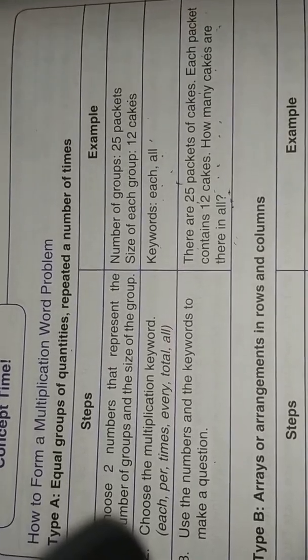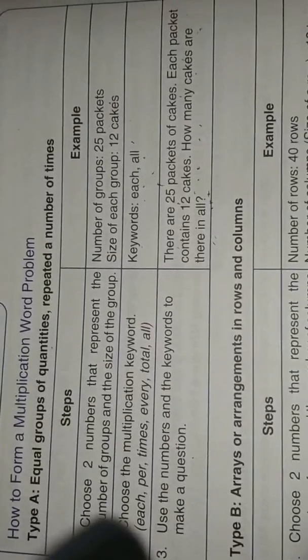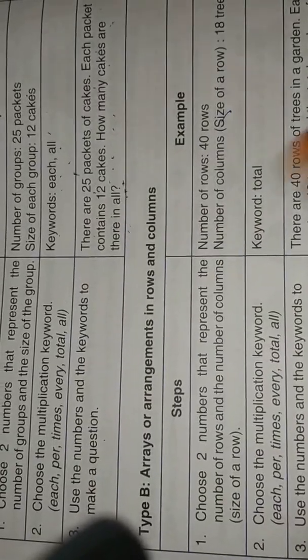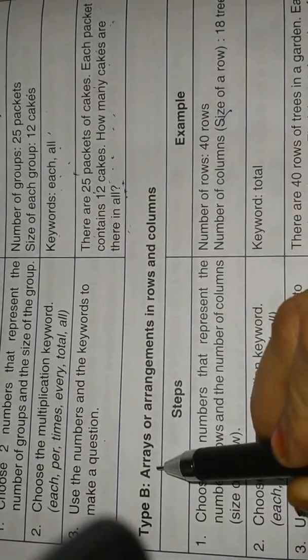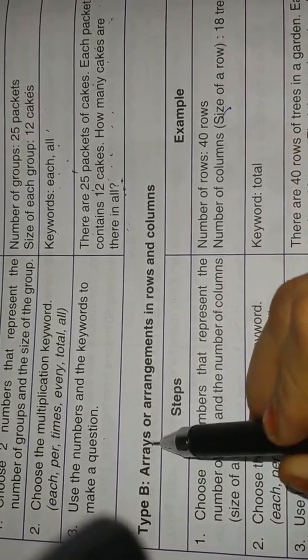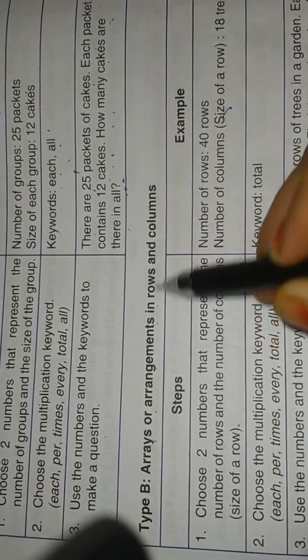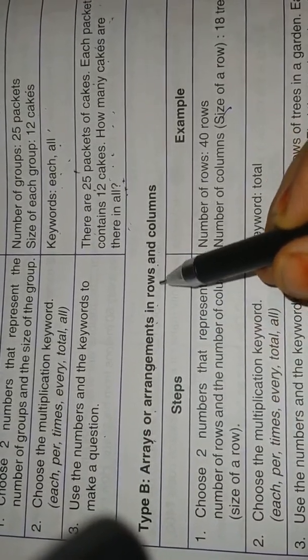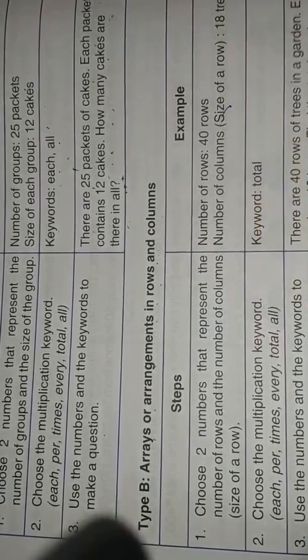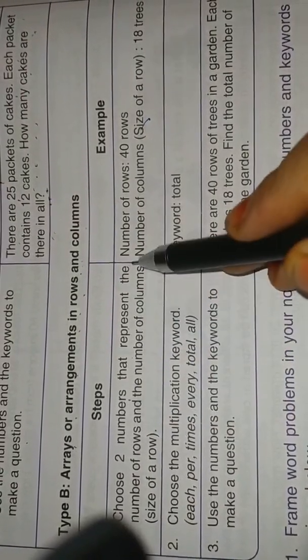Okay students, I hope your work is complete. Now type B. Type B is arrangement of items in rows and columns. First of all, choose 2 numbers that represent the number of rows and the number of columns.